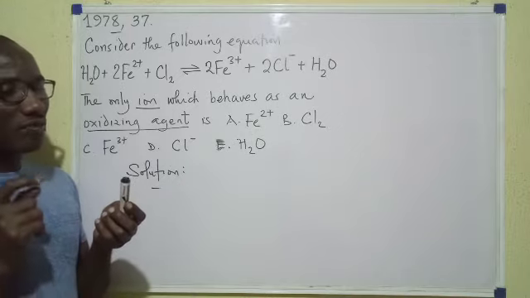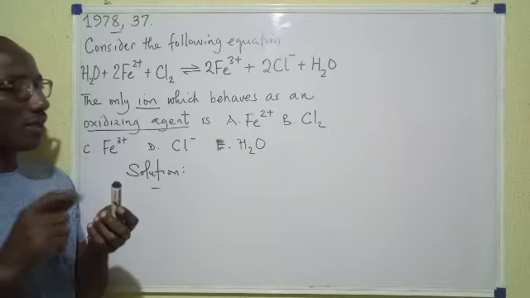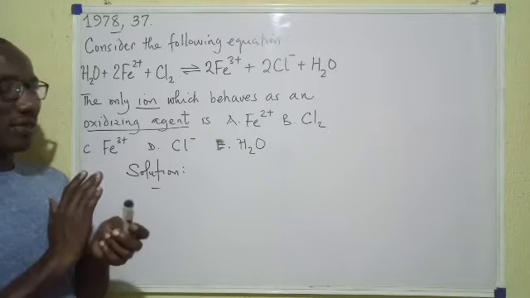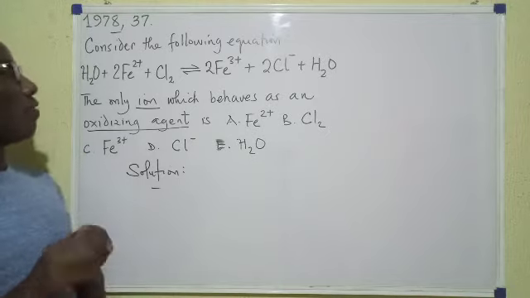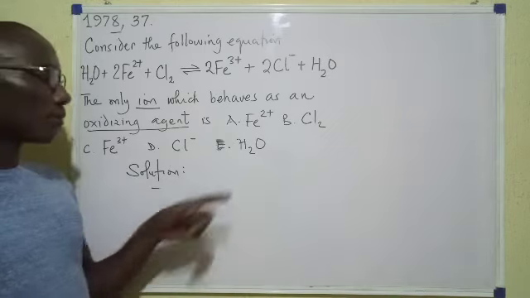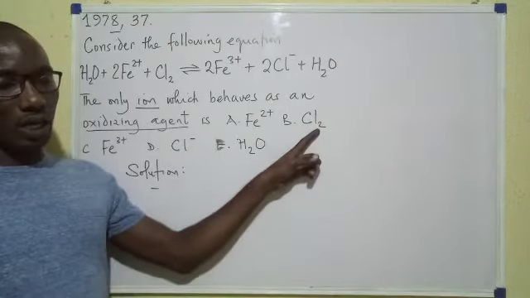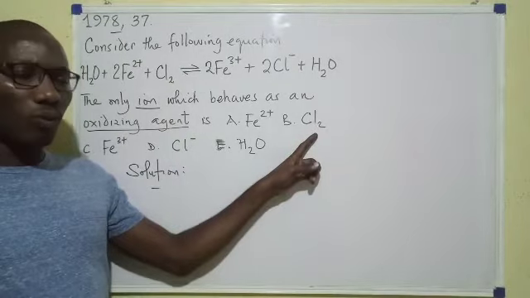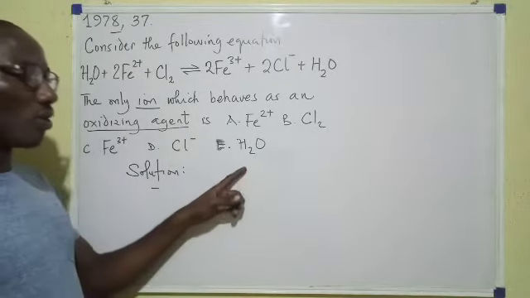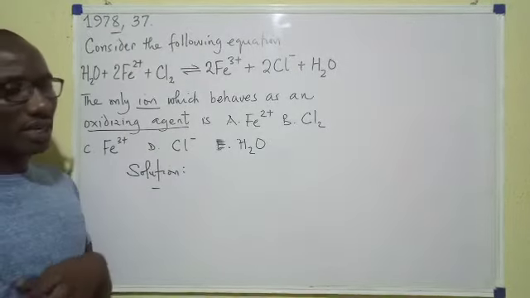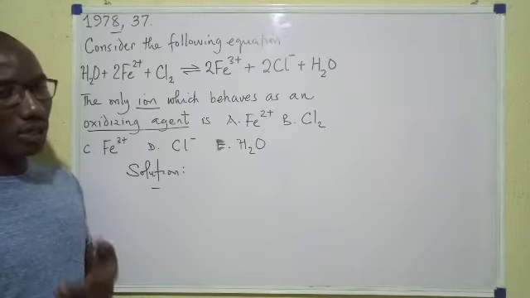Now, going by the first term there, ion, there are two options here that are already wrong, and those two options are water and Cl2, the chlorine molecule. Why are they wrong? Because they are not ions, instead they are molecules.